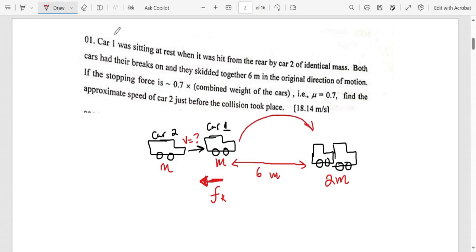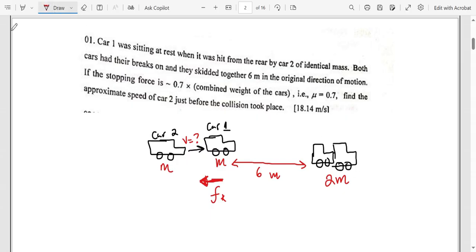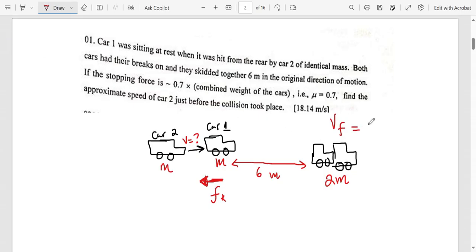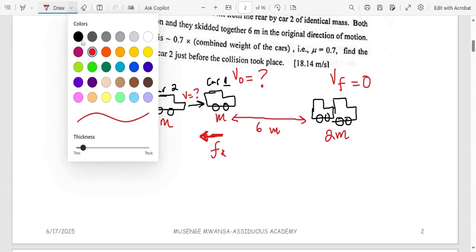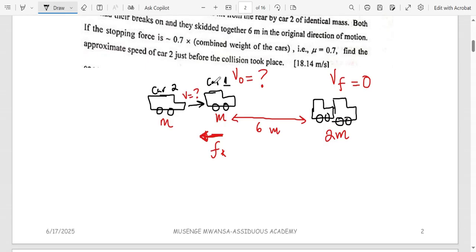We know that these two cars skid for 6 meters, meaning that the final velocity is going to be 0. But what will be the initial velocity of these two cars just when they stick? To find that, what equation are we going to use? We use equations of motion because we have got distance, we have got final velocity, and we have got initial velocity.